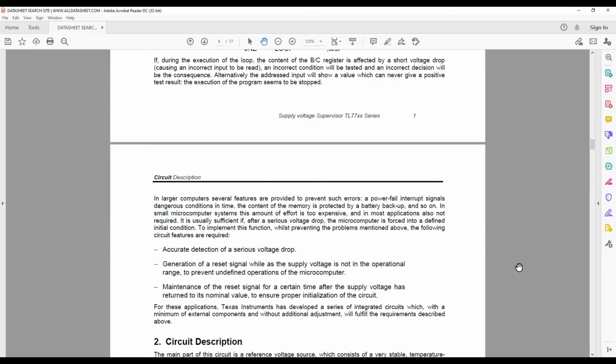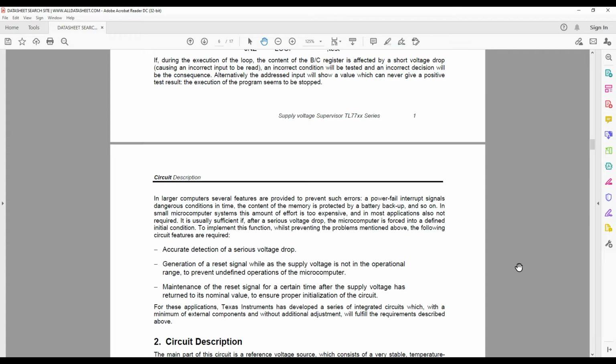To implement this function, whilst preventing the problems mentioned above, the following circuit features are required: accurate detection of a serious voltage drop, generation of a reset signal while the supply voltage is not in the operational range to prevent undefined operations of the microcomputer, maintenance of the reset signal for a certain time after the supply voltage has returned to its nominal value to ensure proper initialization of the circuit.